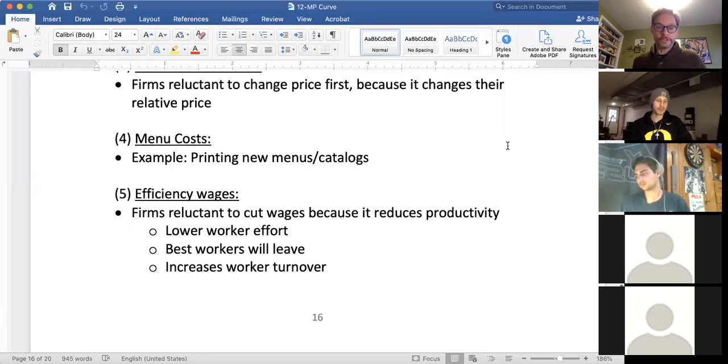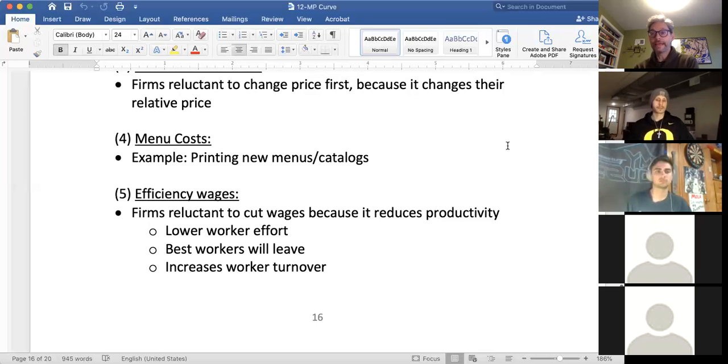Finally, there's the problem of efficiency wages. And we'll talk about this a little bit more on Monday. But efficiency wages is really the idea that firms are always reluctant to cut wages, because lower wages actually reduce productivity. So this is kind of a counterintuitive idea.